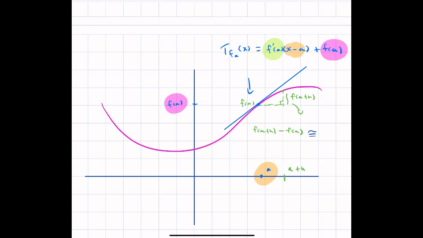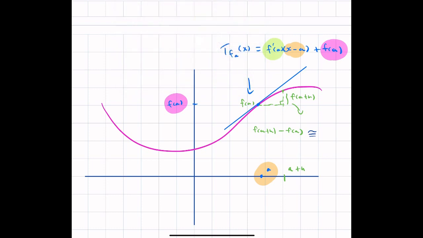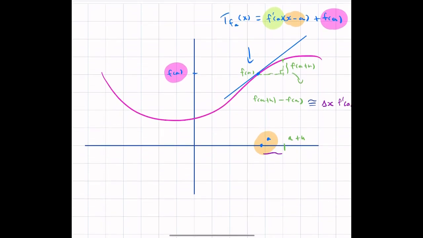The squiggly equal sign means approximately equal, by the way. This is approximately equal to delta x times f prime of A. In this case, this change in x, the delta x, is the h, how much we've gone to the right.